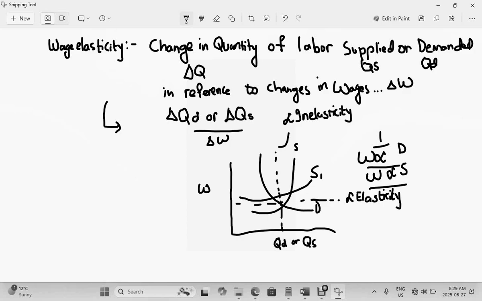So that is inelasticity. As you may notice, when the supply curve shifts towards the horizontal line, it becomes more elastic. As the supply curve shifts towards the vertical line, it becomes more inelastic.